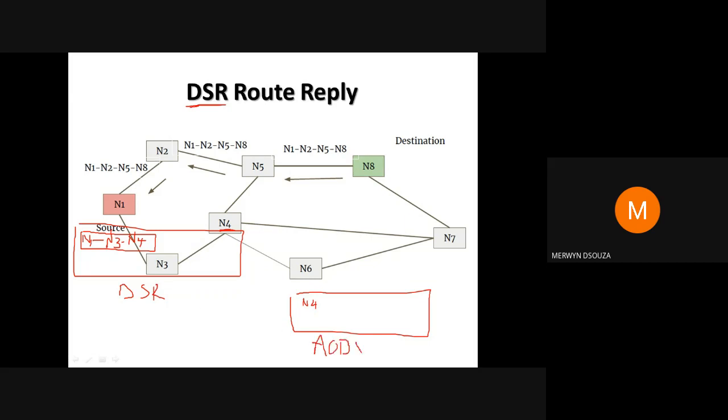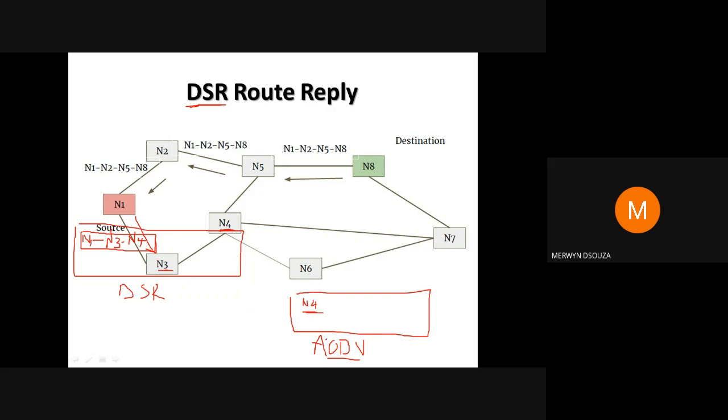AODV mentions only the destination where the packet has to be sent, and it forwards it like this. It knows the next node and forwards the packet to it. So AODV will send this packet to N3, and N3 will find the path to the destination.